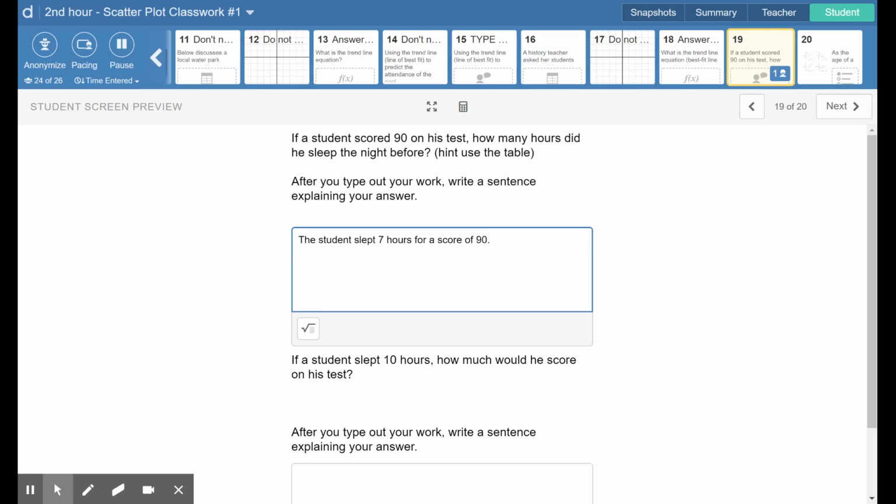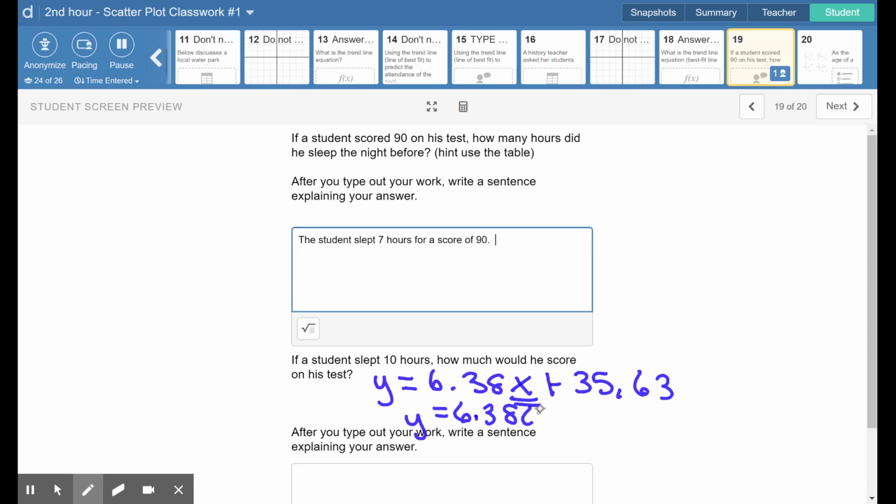Now, if a student slept 10 hours, how much would he score on the test? Now, we want to use the trend line. So this is from the previous slide. So our equation is 6.38x plus 35.63. So we're going to plug in 10. And we're just going to use the calculator.